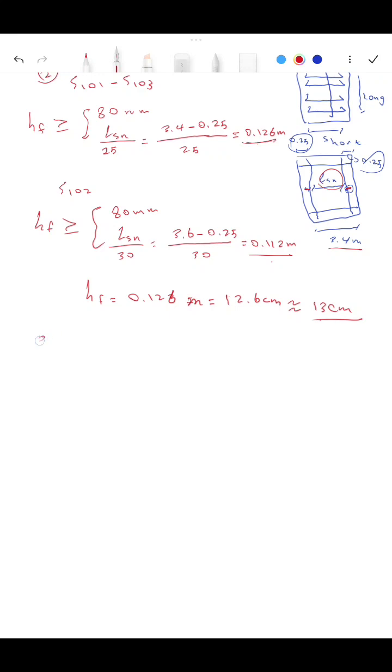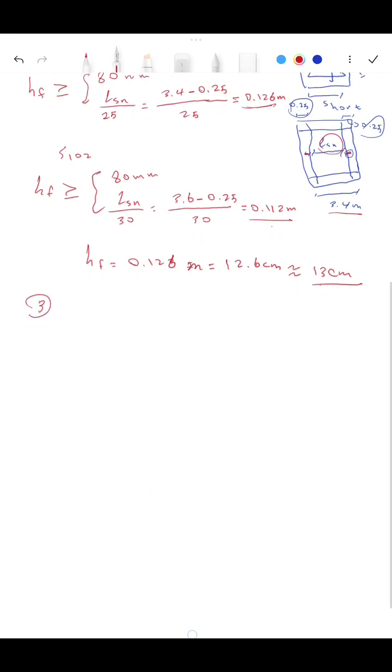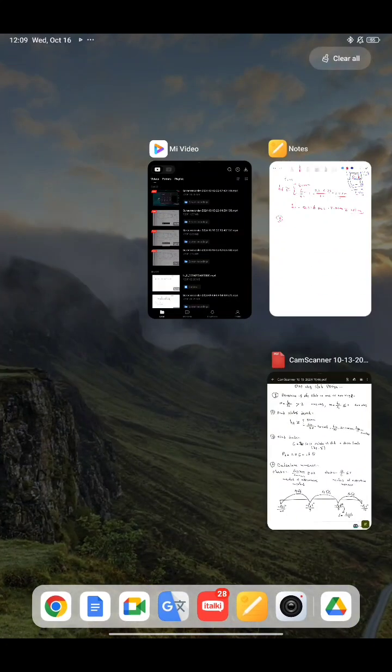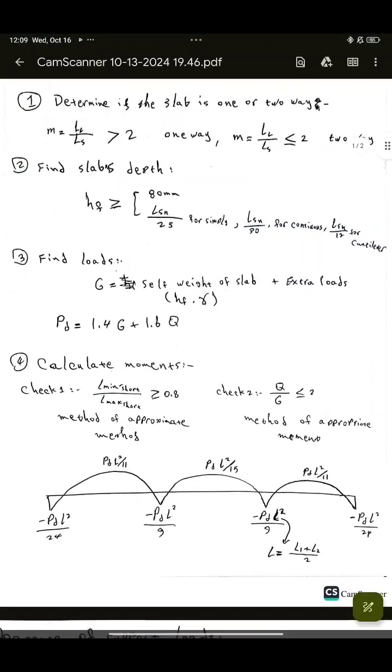Now we will move to the third point. In the third point, we need to find the loads. To find the loads, first of all, we need to define the dead load. As I mentioned before, the dead load is not given.